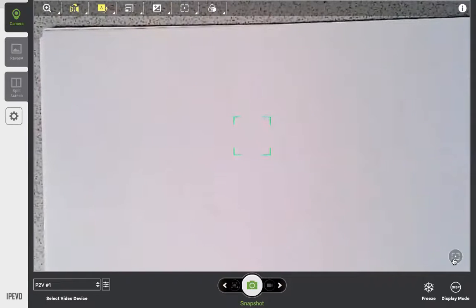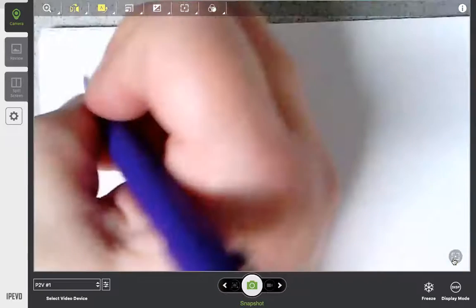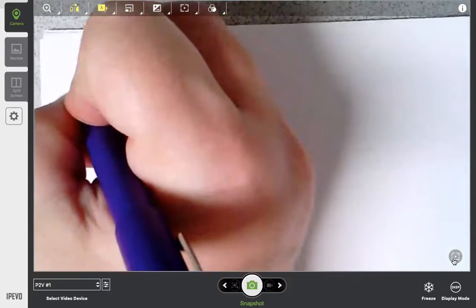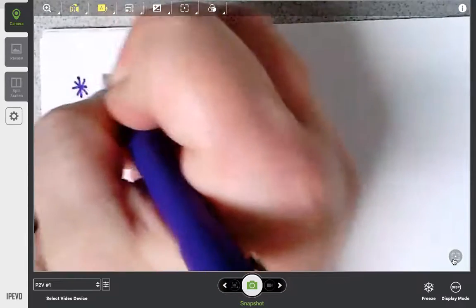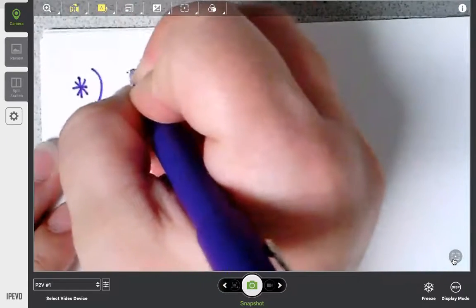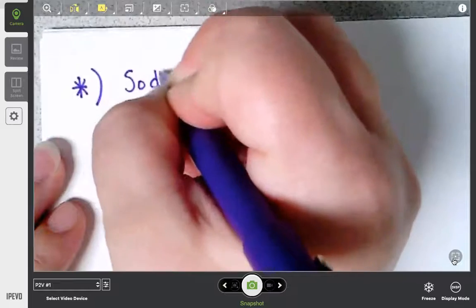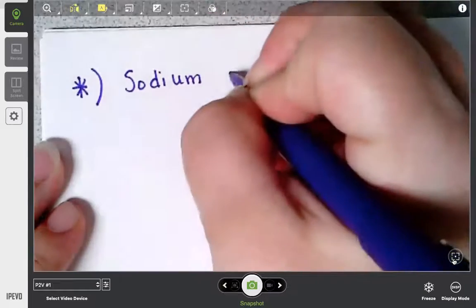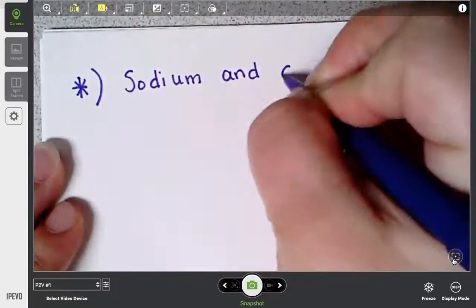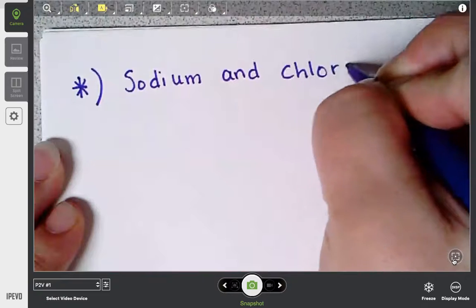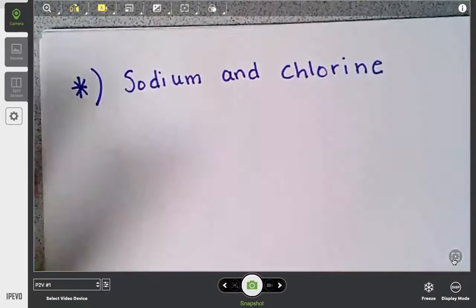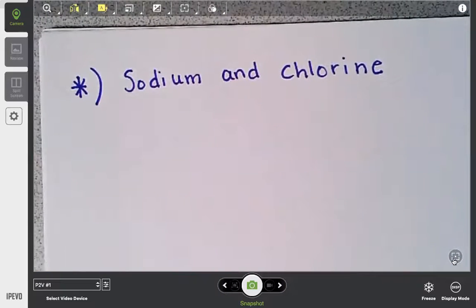So if I wanted to show the bond forming, let's do sodium and chlorine as our first example. The first thing you would want to do is write the electron dot notation for each of the elements involved.